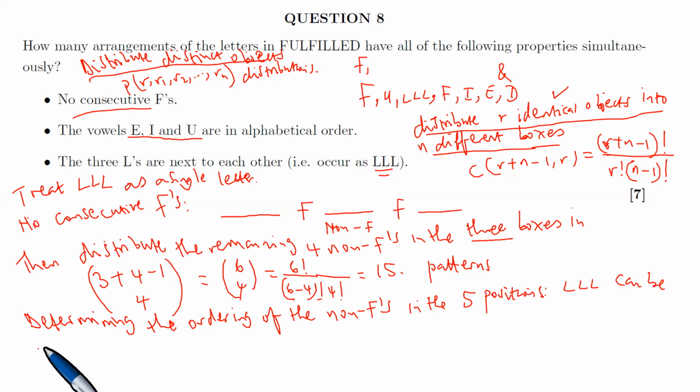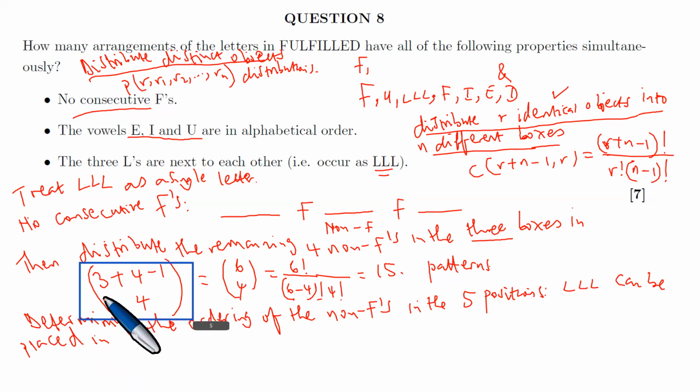Yes, please. Can you explain where you got this from? Oh, this one. Okay. So obviously in this case, we are speaking of distributions, and it's coming from this formula where we distribute r identical objects into n different boxes.